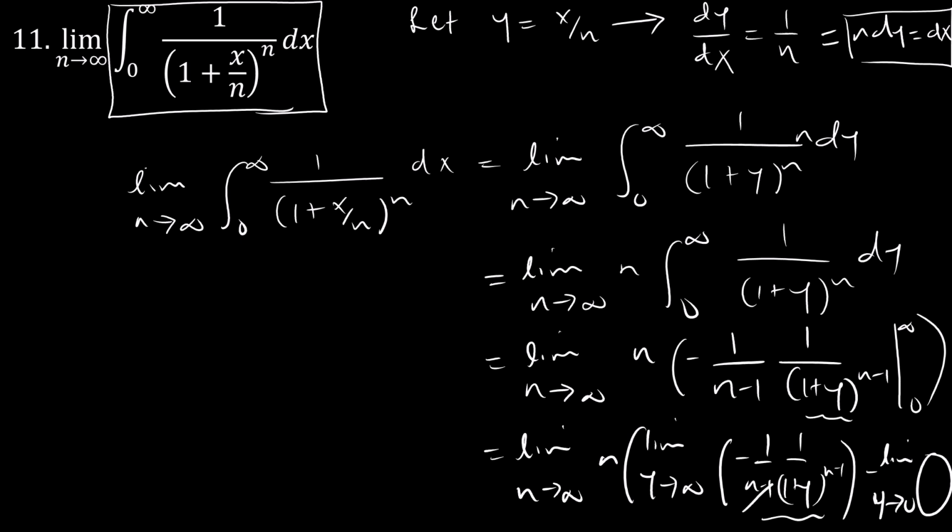So this one tends to 0 and this tends to negative 1 over n minus 1.